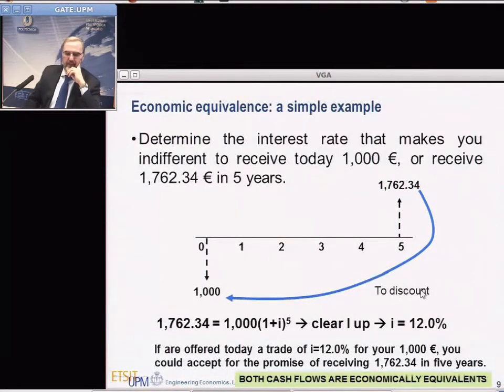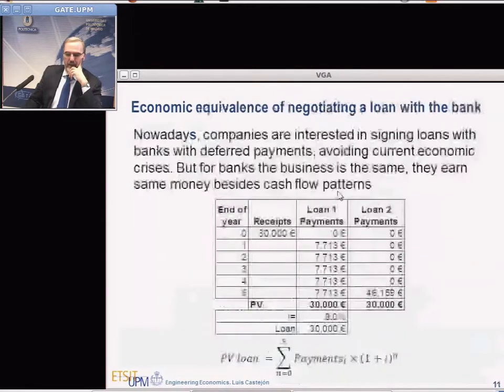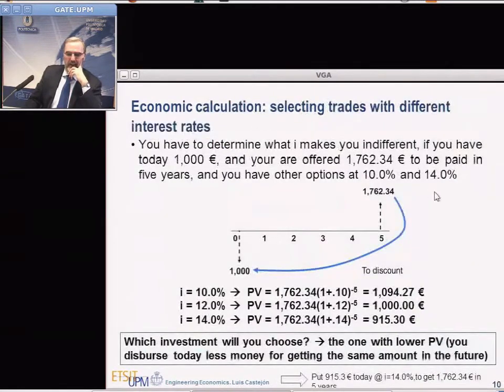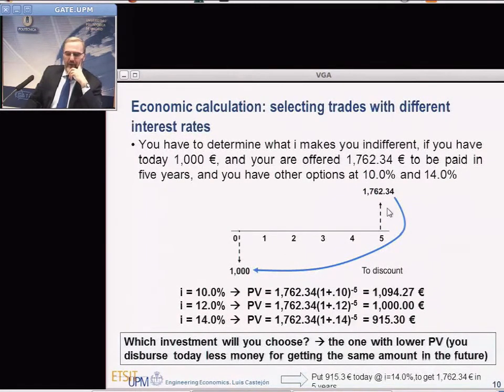So we have seen here a simple example. As we are going to test the same example we have done before, we are going to find different options. Always the economic equivalence is for the value of 12, but we can see what happened with the present value if the interest rate is 10%.